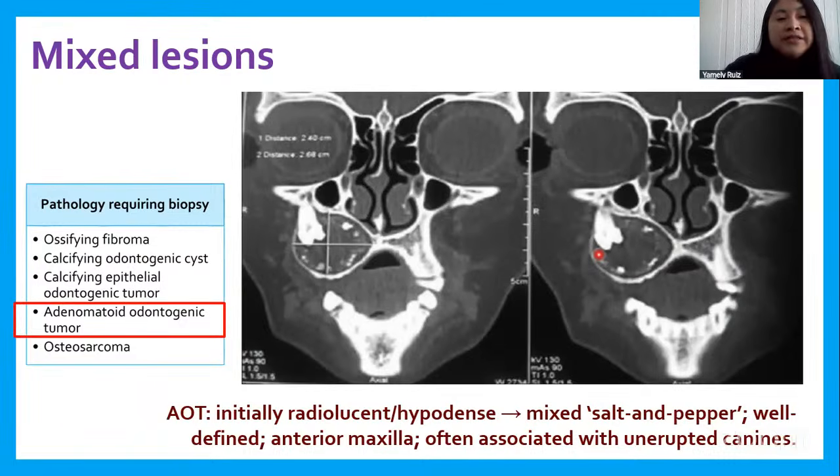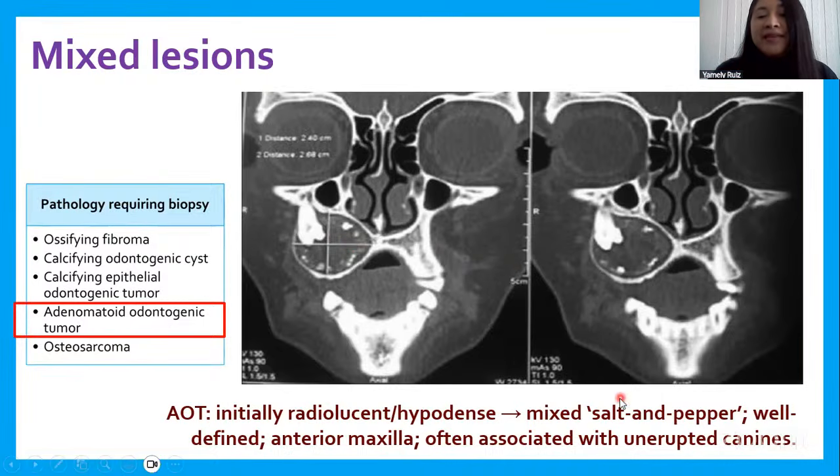And the next of these odontogenic tumors that have a mixed pattern is the adenomatoid odontogenic tumor. Adenomatoid odontogenic tumor is another benign tumor of odontogenic origin, and it is initially radiolucent or hypodense, and with the passing of time, it becomes mixed. In contrast to the Pindborg tumor, this is a mix with a described salt and pepper pattern.